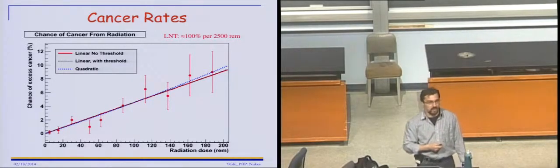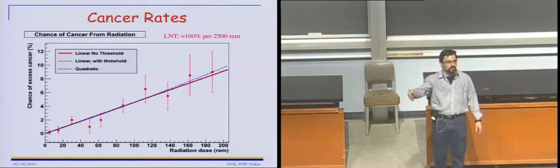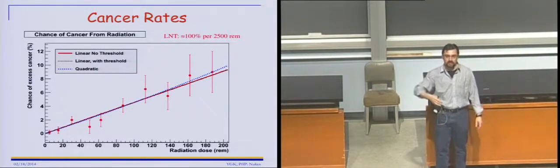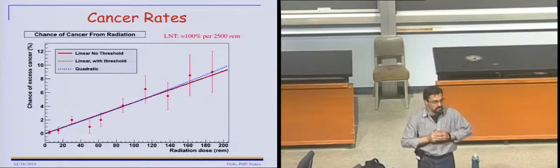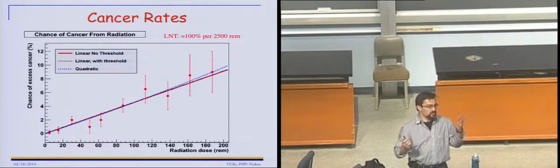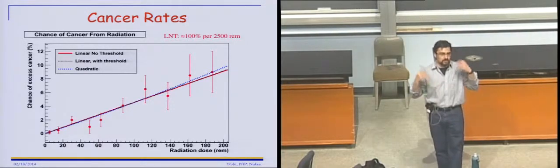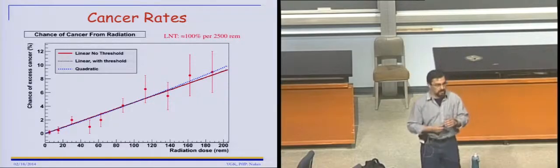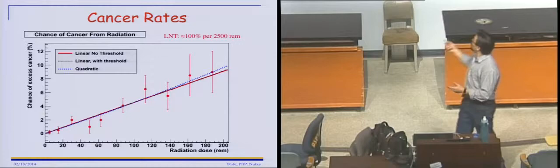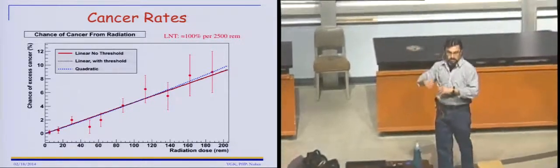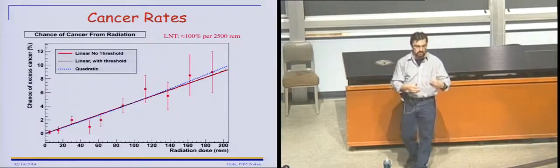For example, if observed and treated early, thyroid cancers have about a 95% chance of survival. Obviously, other types of cancers, brain tumors, pancreatic and others, are more difficult to treat. So mortality depends on the type of cancer, but this rate just integrates over all kinds. So in some sense, it's a conservative estimate of what the effect would be.